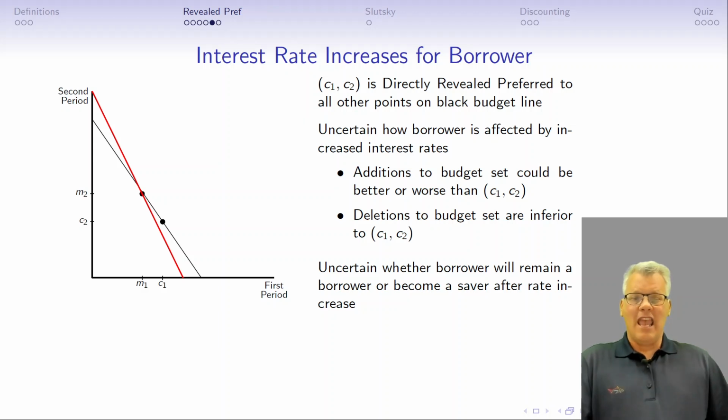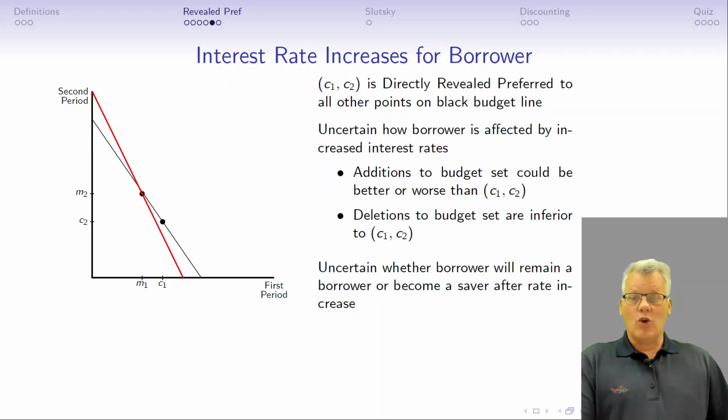What we can say for the borrower is that C1 must decrease, right? So through revealed preference, remember we really didn't know much of anything, right? We didn't know whether the borrower is made better off or worse off by the increase in the interest rates. We don't know whether the borrower would remain a borrower or become a saver.